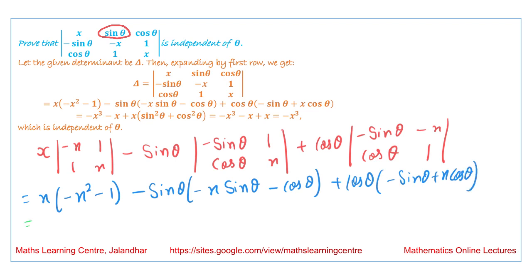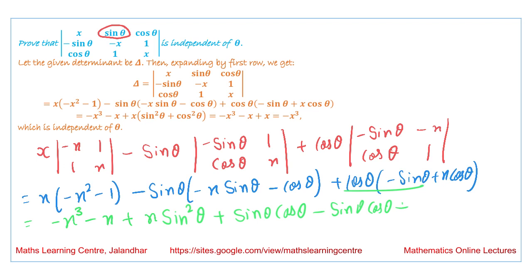Next, when we multiply these terms, we get minus x cube minus x plus x sine square theta, then plus sine theta cos theta. Next we obtain minus sine theta cos theta plus x cos square theta.